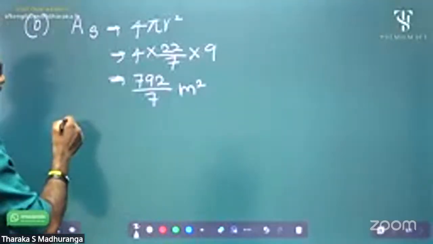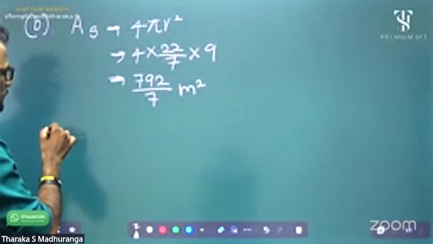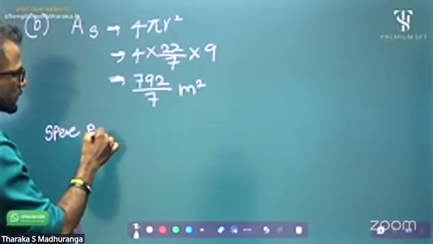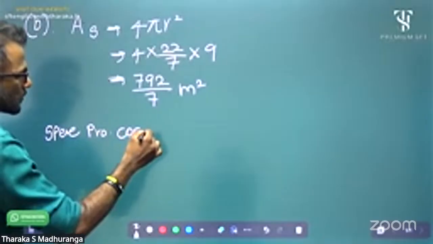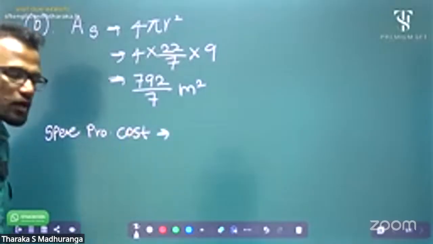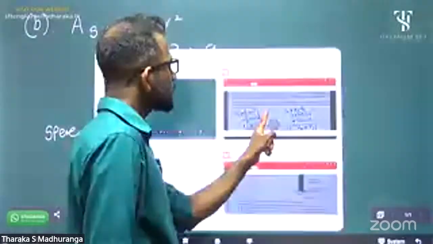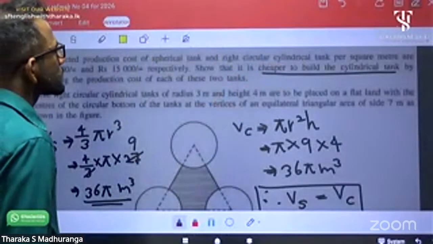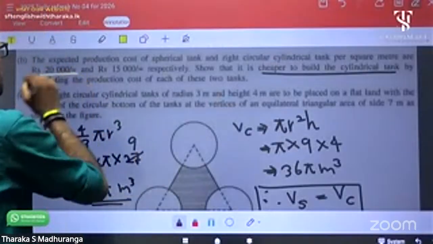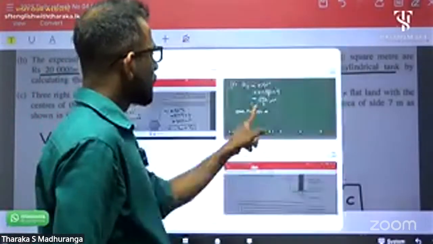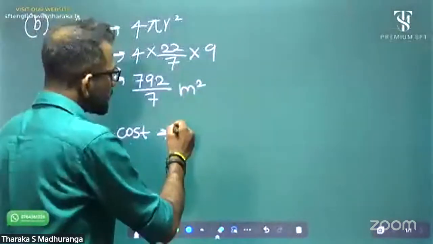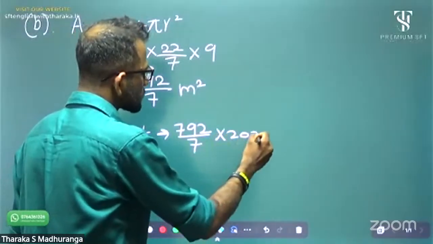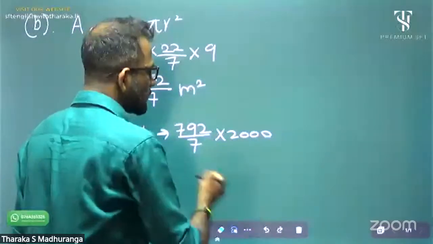Now I can calculate the production cost of the sphere. How about per 1 square meter? It is 20,000 rupees. Now you can multiply 792 over 7 by 20,000. Not 2,000, 20,000.